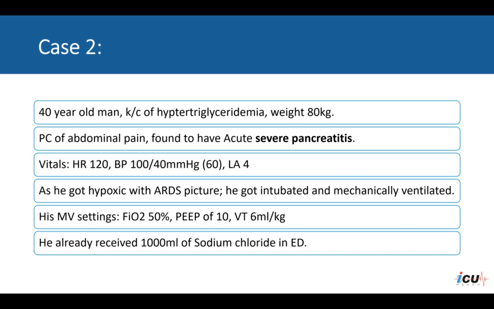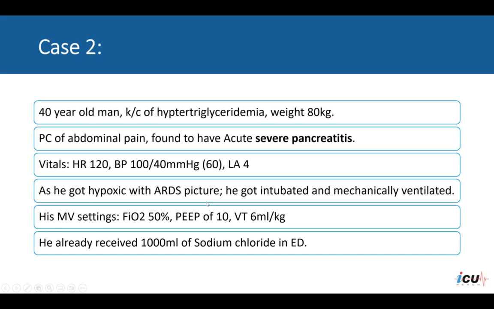This patient is a 40-year-old man with history of hyperlipidemia. He came in with abdominal pain and found to have severe pancreatitis. His heart rate is slightly high, 120. Blood pressure 100/40, but his lactic acid is 4. Patient is hypoxemic with ARDS picture.